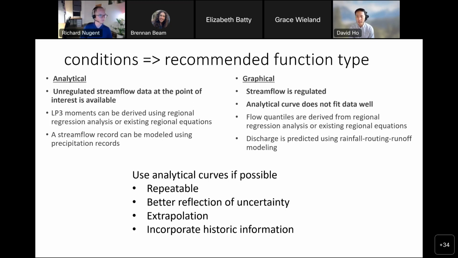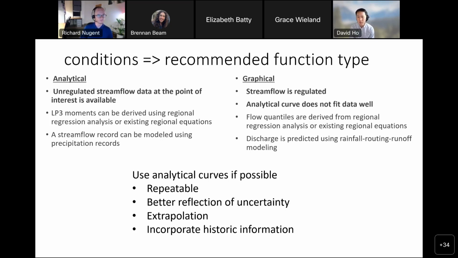So why go through the trouble of unregulating a data set? There are a couple of advantages to using an analytical curve, and I've listed 4 reasons here. The first is it's repeatable. An analytical curve is based off of the statistics of the data set, so the mean, standard deviation, and skew. As long as you have those statistics, anybody can recreate your curve.